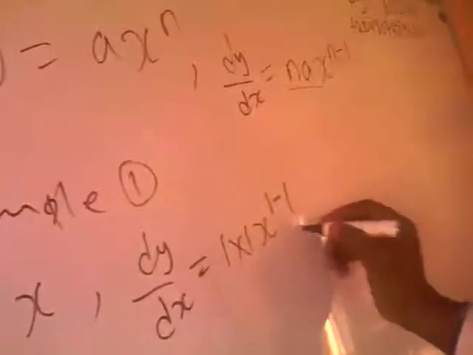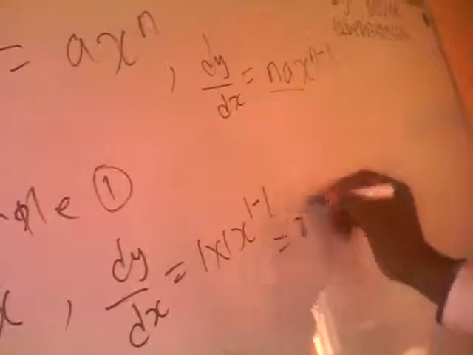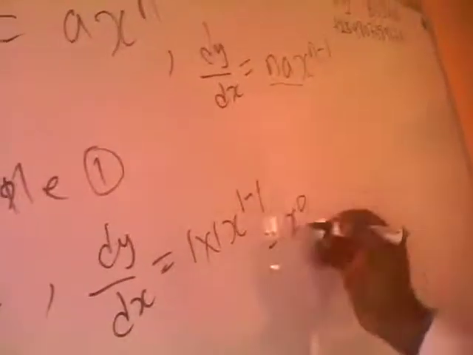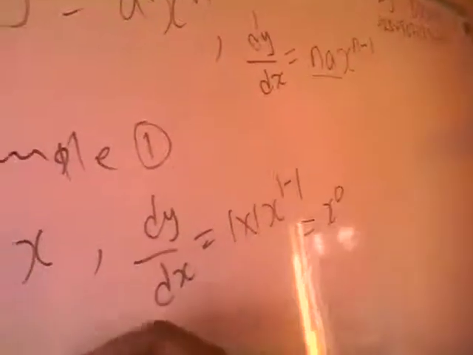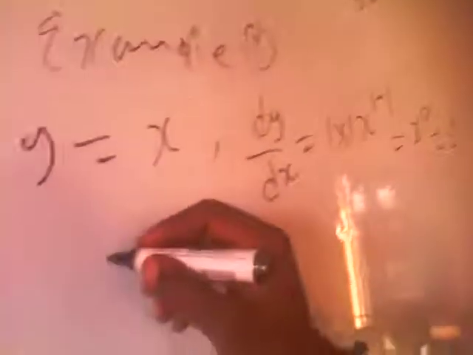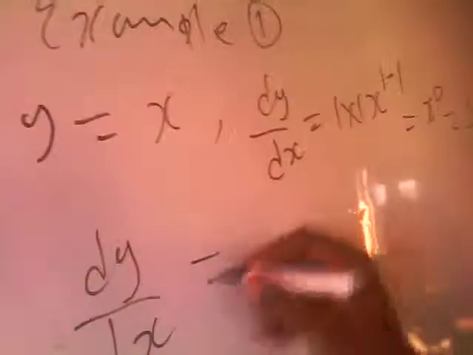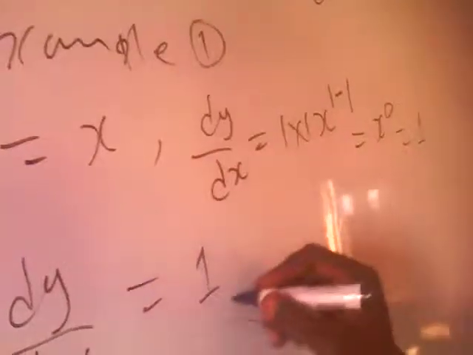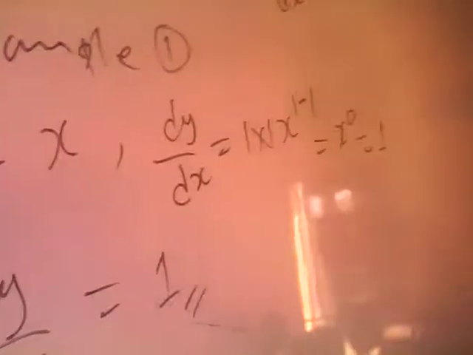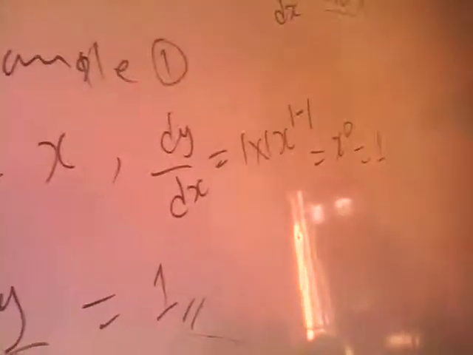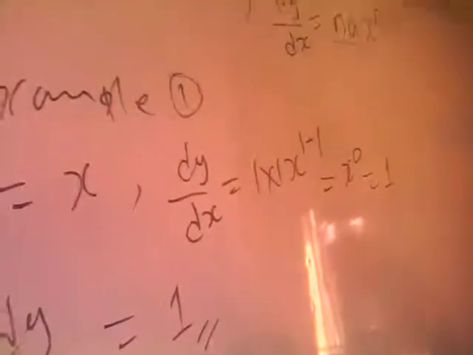And that gives us x raised to power 0. And from indices, anything raised to power 0 is equal to 1. Therefore, the derivative of y equals x is 1. That is the simplest example that we can have on power function.